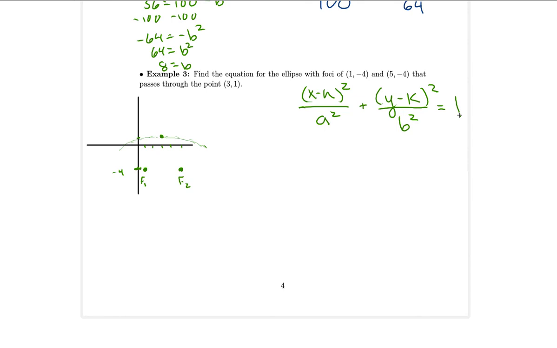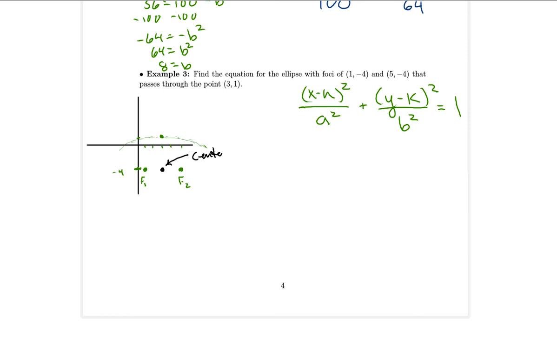All right, but at this point, we don't even know the center, right? They didn't tell us that. However, what we do know is that each focus has to be the same distance from the center as the other one, and that the y value of the center needs to match up with the y value of these two foci here. So I actually do know my center, right?